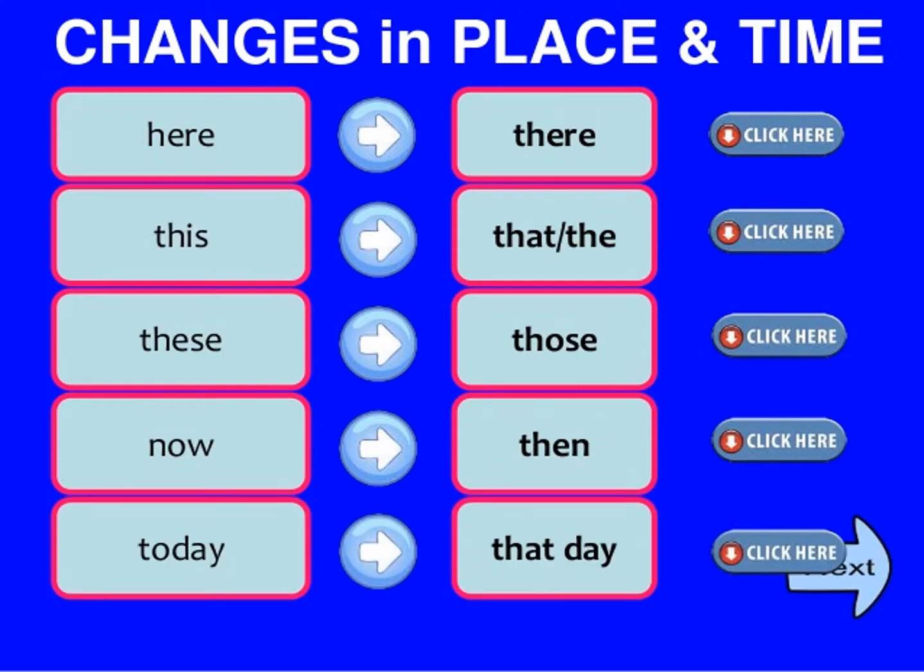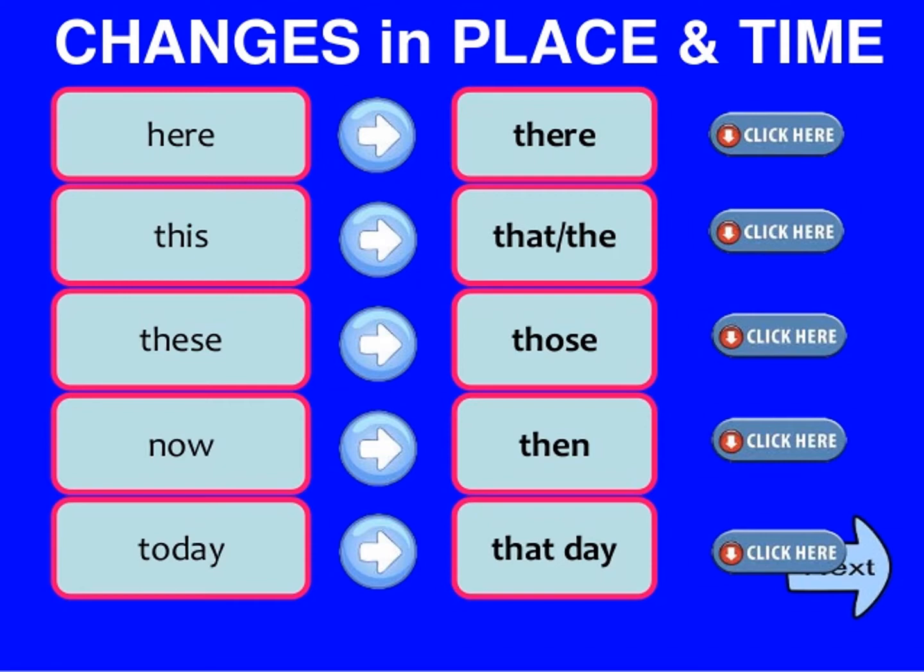Okay, after we change the verb tenses, as we said earlier in the previous slides, we will have to look at adverbs of place and time, or time expressions, the keywords of certain tenses. For example, here becomes there, this becomes that or the. We will see in the following slides when we change this into that.